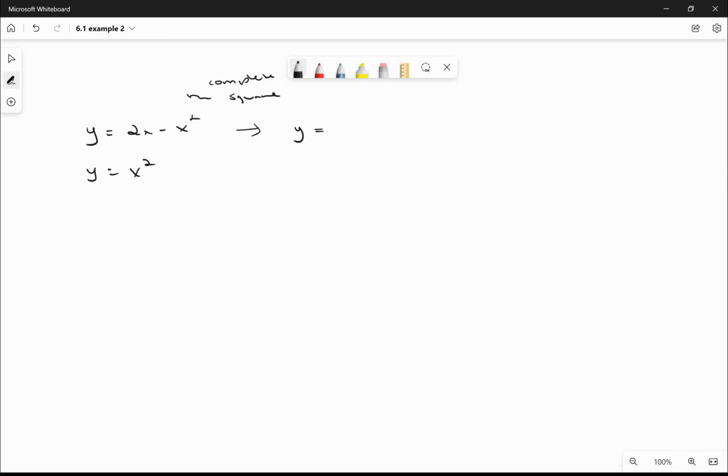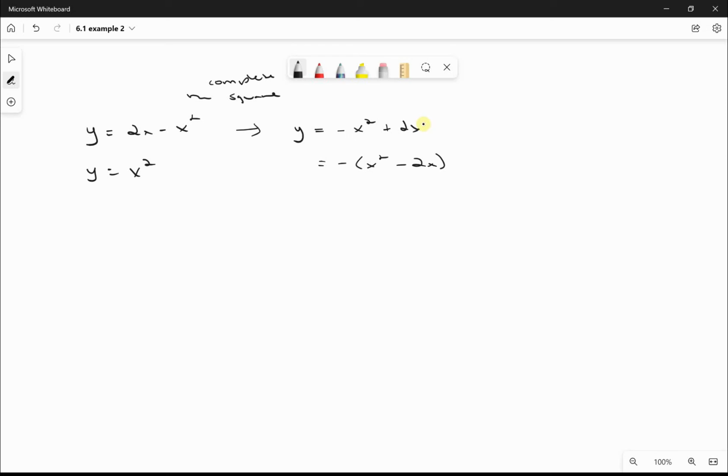So what we do is we can first rewrite this as negative x squared plus 2x, right? And then pull out this coefficient on x squared, which is just the -1, right? So this becomes negative parentheses x squared minus 2x, right?